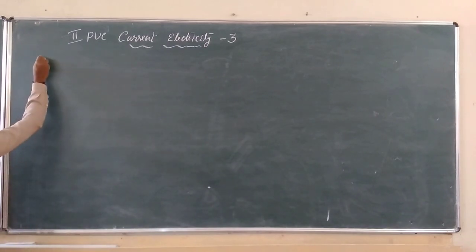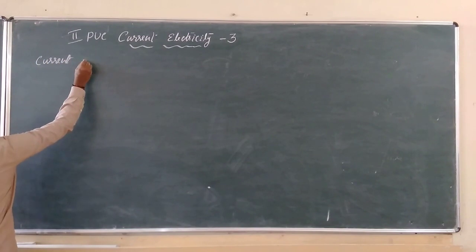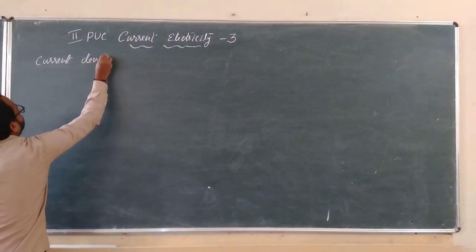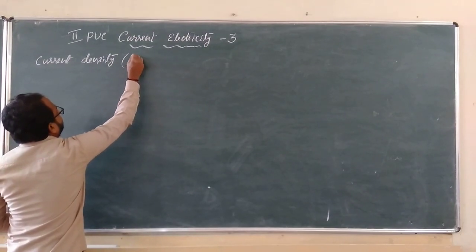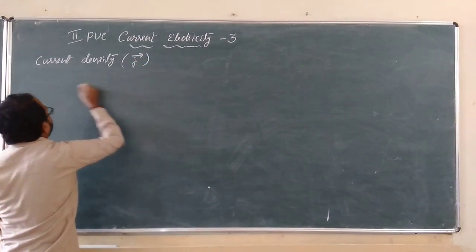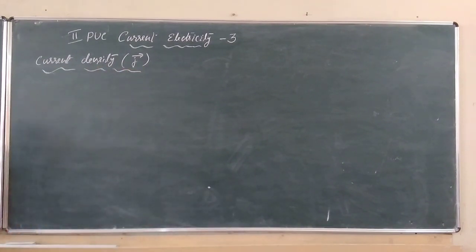Okay, current density. It is a vector quantity. Current is a scalar quantity, whereas current density is a vector quantity, vector J. Okay. So current density, how to define current density?